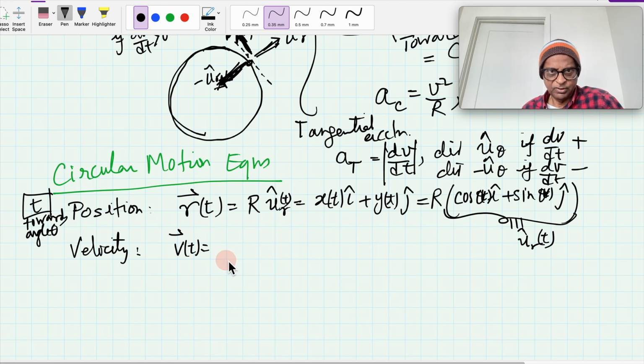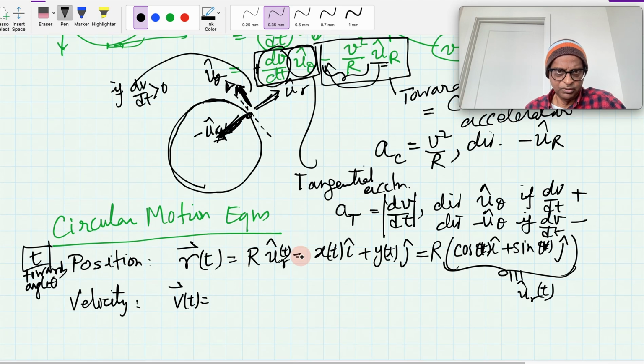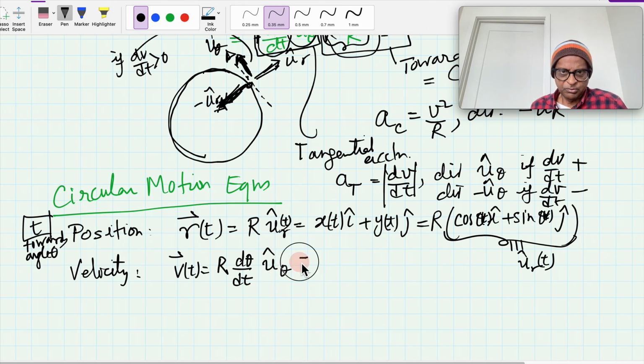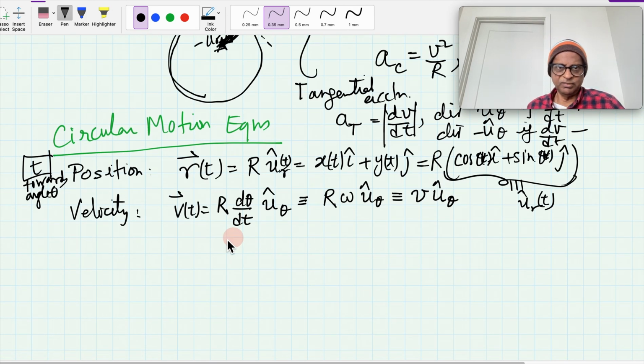Let's go back and make sure we got it. Velocity is r d theta over dt u hat theta, which can also be written as r omega u hat theta, which is the same as speed times u hat theta. So there are a whole bunch of ways of writing velocity.